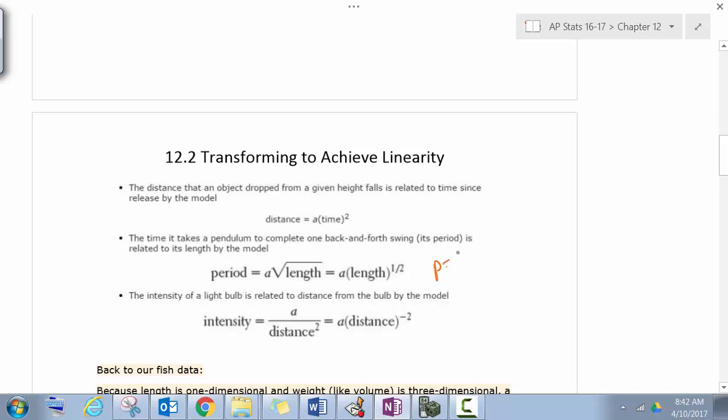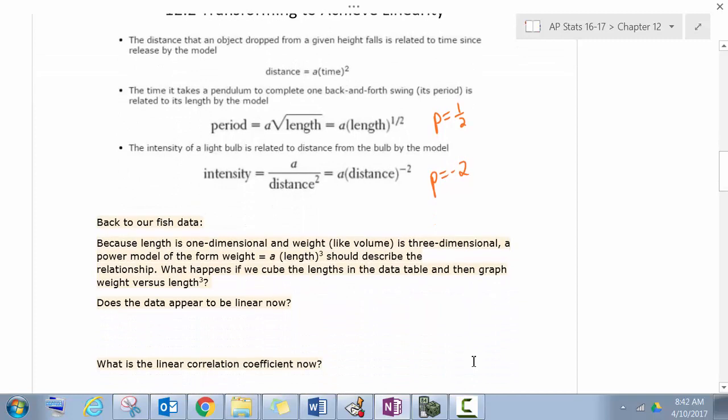So p would equal 1/2 here. The intensity of a light bulb is related to distance by a over distance squared, or distance to the -2. So p equals -2. So there's still all these powers.